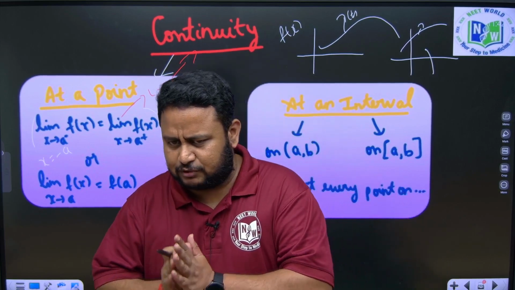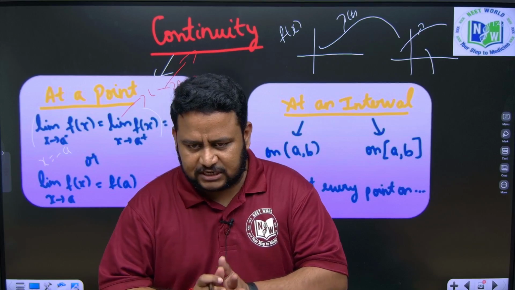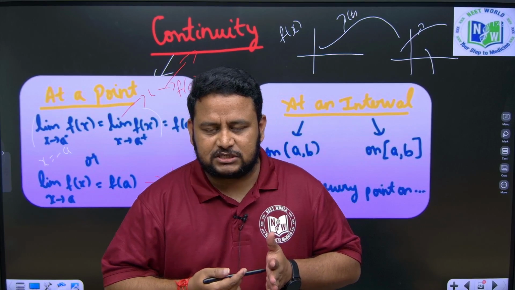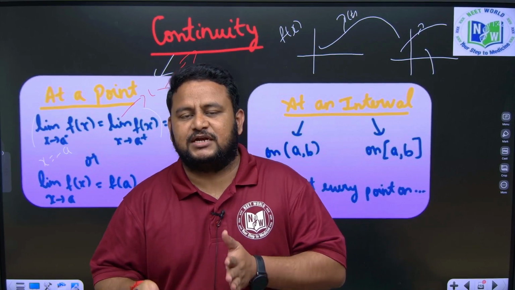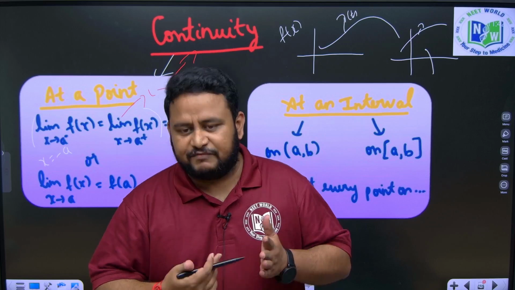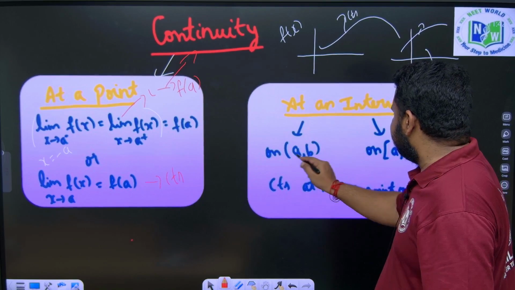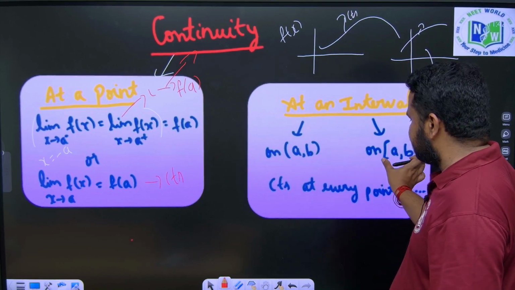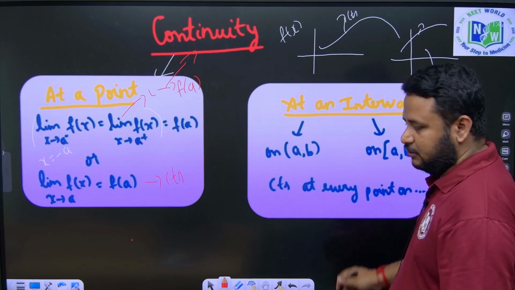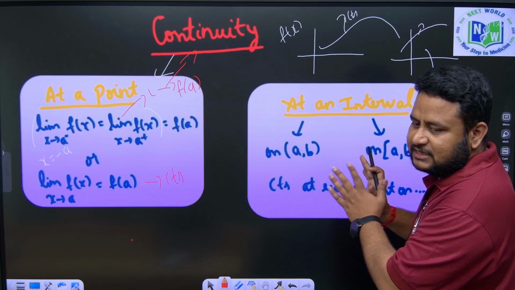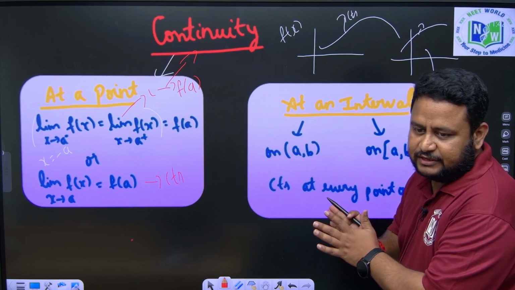We go one step further from limits. That is why we gave a substantial amount of time to learning limits, because then continuity and differentiability become very easy. Now, continuity on a closed interval a comma b means continuous at every point. We will understand this and solve questions. This is the basic definition of continuity. I hope it is clear.